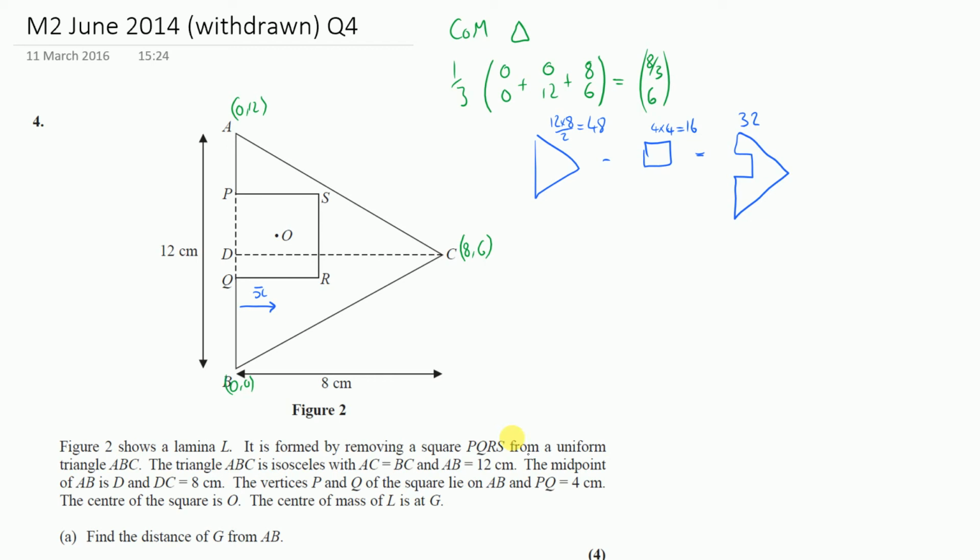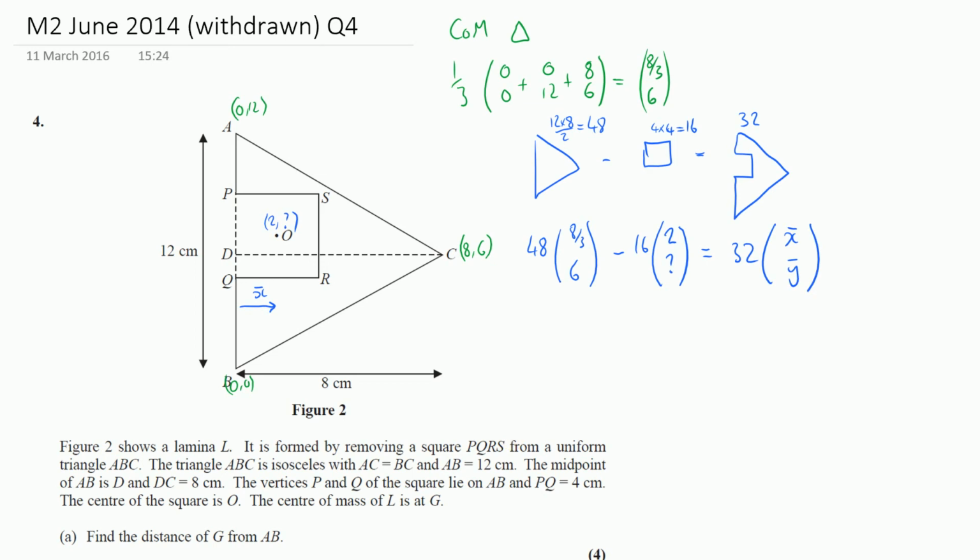So if I multiply the mass of the shape by its centre of mass, which in this case is (8/3, 6), and I subtract the mass of the square multiplied by its centre of mass. Now all I know about the centre of mass for the square currently is that it is a distance of 2 in from the line AB. I don't know what the y-coordinate of that centre of mass is, so I'm just going to leave that there as a question mark, and that's going to be equal to 32 lots of the centre of mass of the whole system, (x bar, y bar).